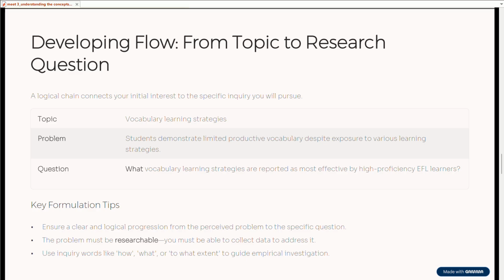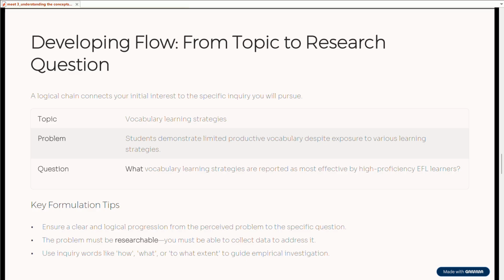This is the problem. Then you can start to develop the question from the problem. You can use the very basic grammar lesson here, namely question words. Let's use the question word what.